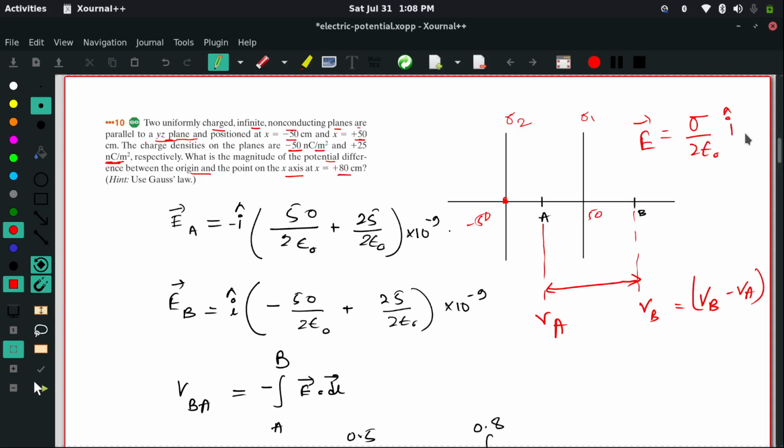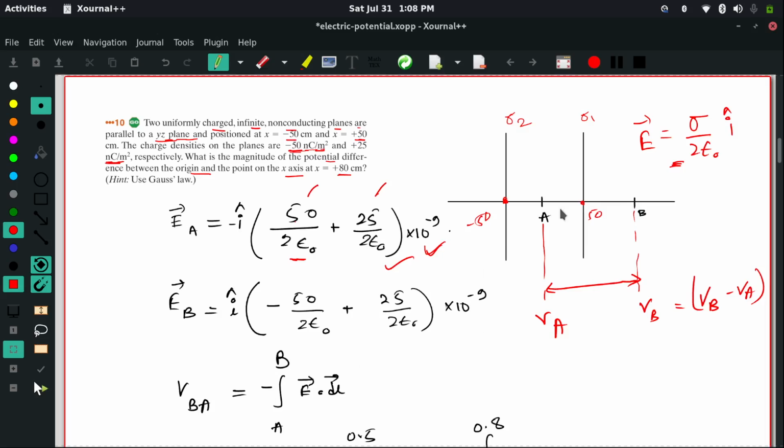For this region, for point A, I have applied this formula for both of these surfaces. This is for surface 1 and this is for surface 2. 50 is the charge density sigma, and 25 is the charge density of the other one. You add it up, plug into your calculator, and you get some number.